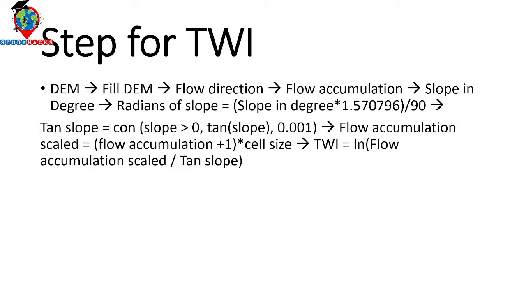First of all, you need to create the DEM, which we already created. Then fill DEM, then flow direction, then flow accumulation, then slope in degrees, then radians of slope, then tan slope. After that, flow accumulation scaled, and then TWI. We just follow this algorithm one by one and calculate the TWI, the topographic wetness index. So let's go.